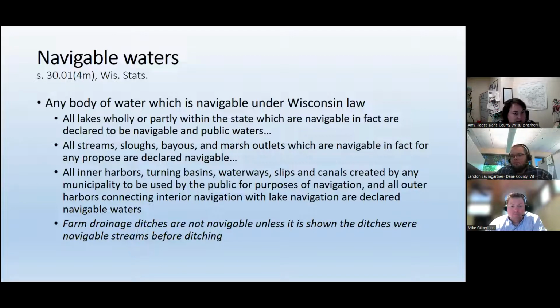I think in Dane County, at least, because of our shoreline zoning requirements, there have been updates to some of that with some additional clarification. So we might look at both, because they may have identified areas that are navigable that are updated on our layer, but not yet on the state layer.